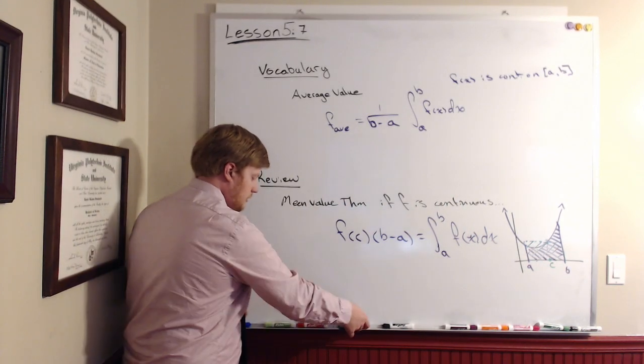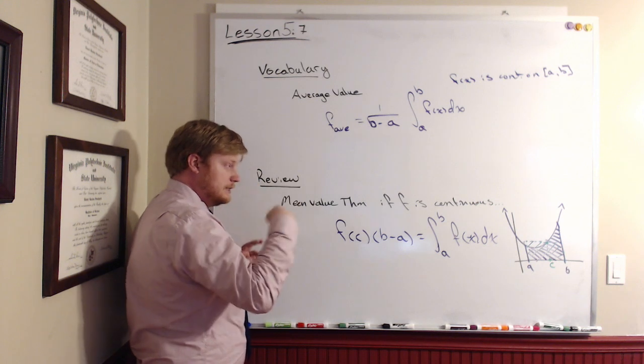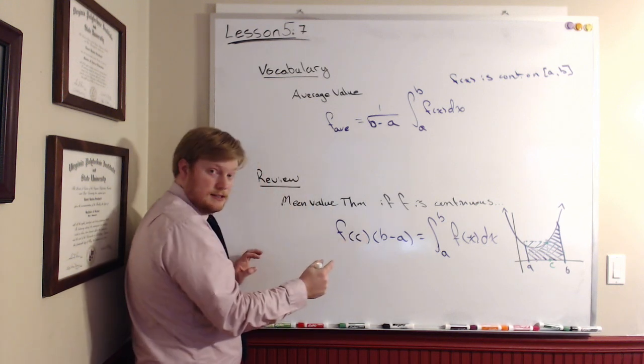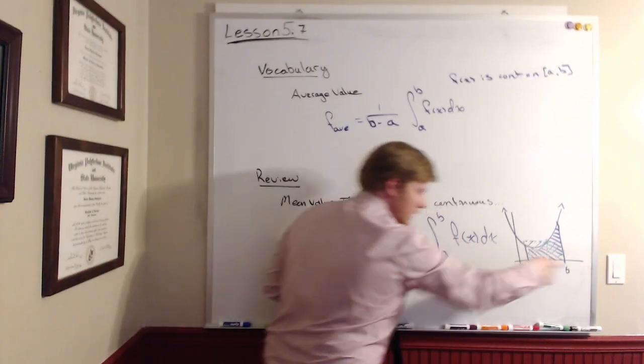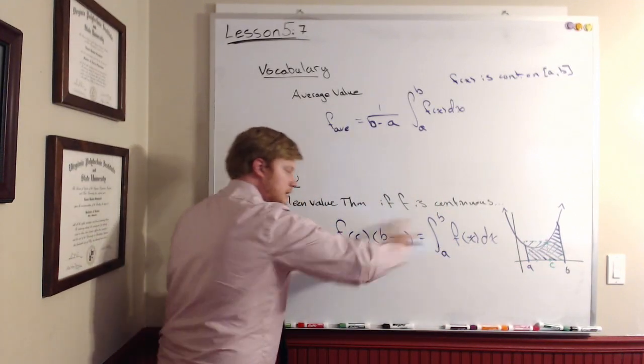That was the mean value theorem. The mean value theorem guarantees the existence of c, that there is a value between a and b such that this is true.